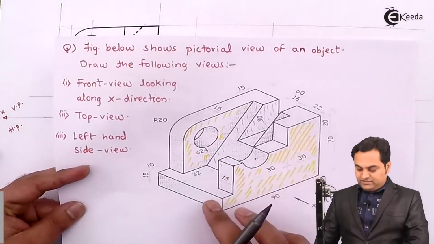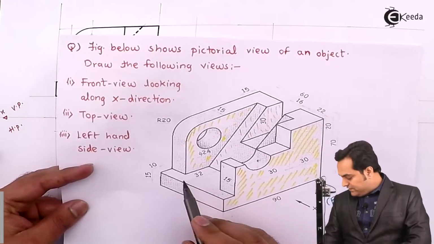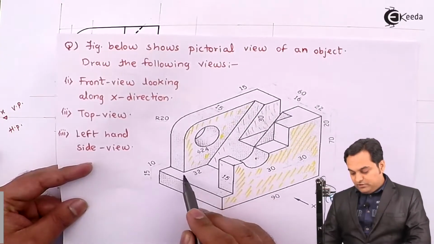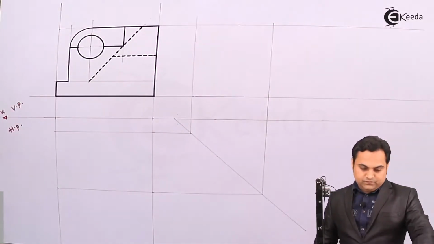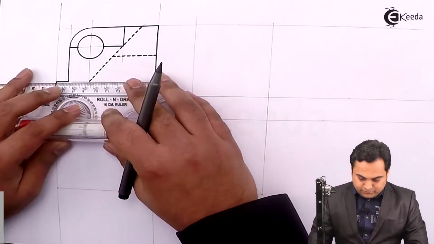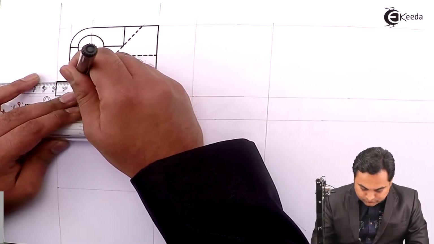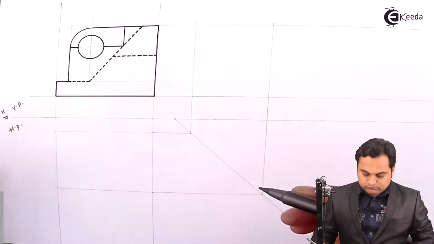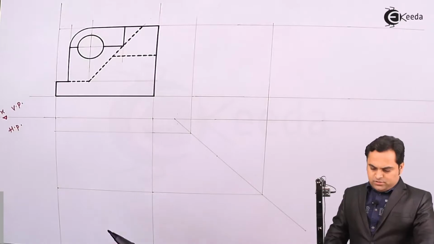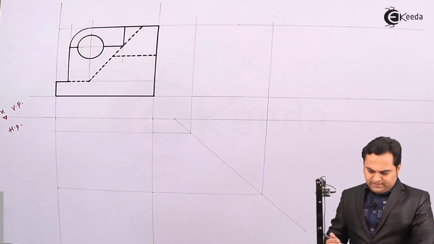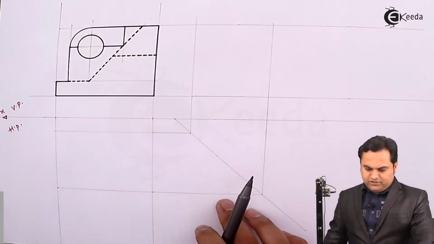Next, behind this surface, there is a line. This line will also be hidden, so that is connected to the slope. Then after reaching up till here, I can see that the front view has been completed.